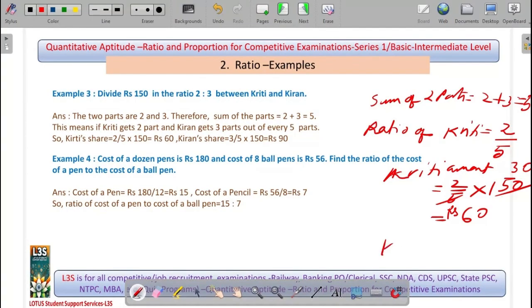And what will be Kiran's? Kiran's part is 3, so 3 out of 5 parts and the total is 150. Again this is 30, so 30 into 3 is 90. So Kiran will get 90 rupees and Kriti will get 60 rupees.